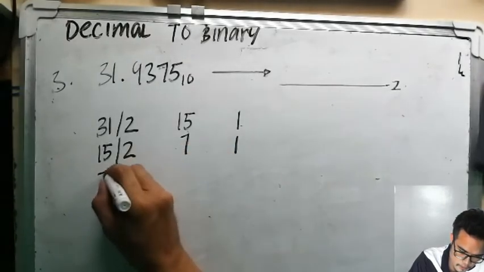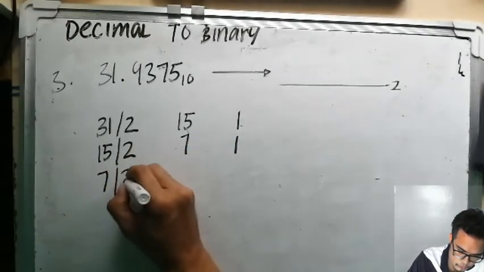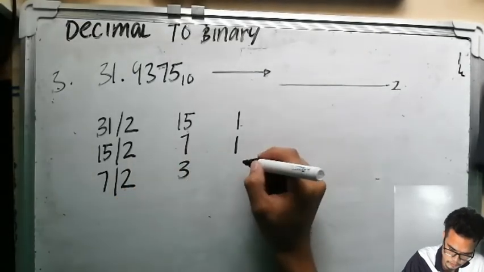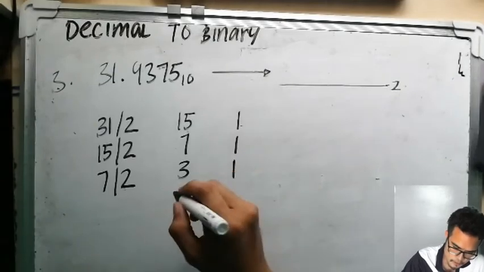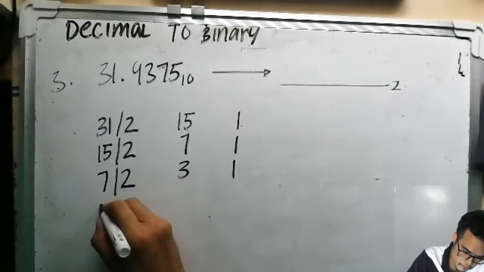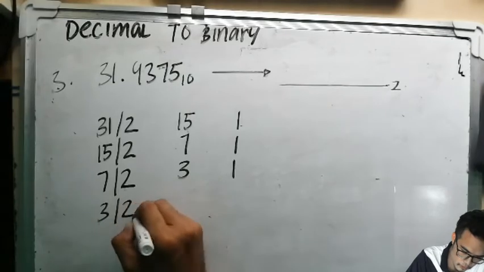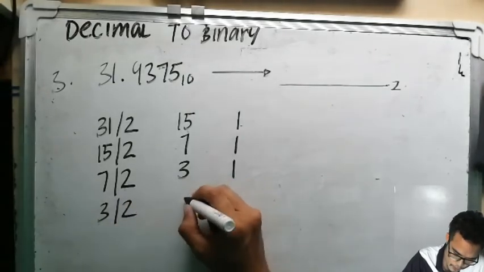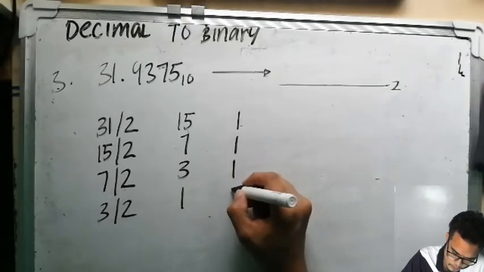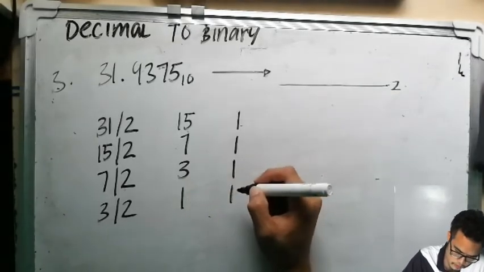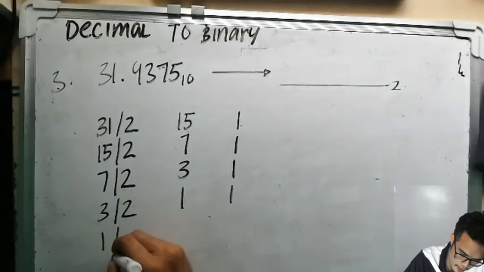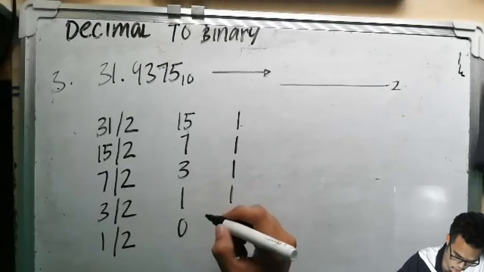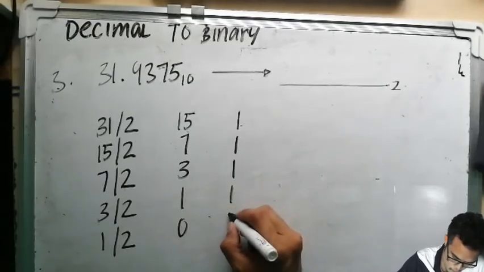Next, 3 divided by 2 is equal to 1, remainder 1. Next, 1 divided by 2 is equal to 0, remainder 1.